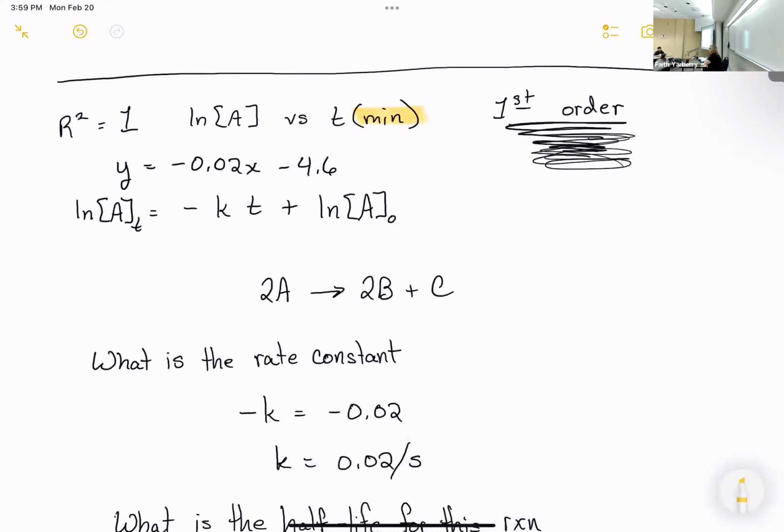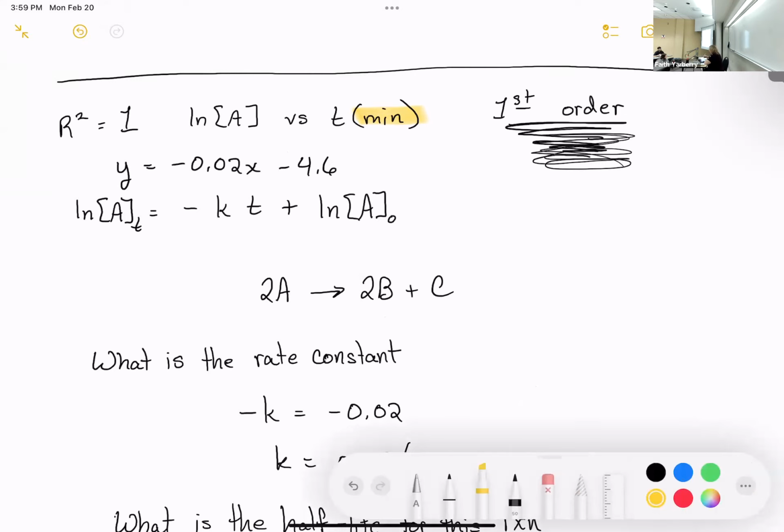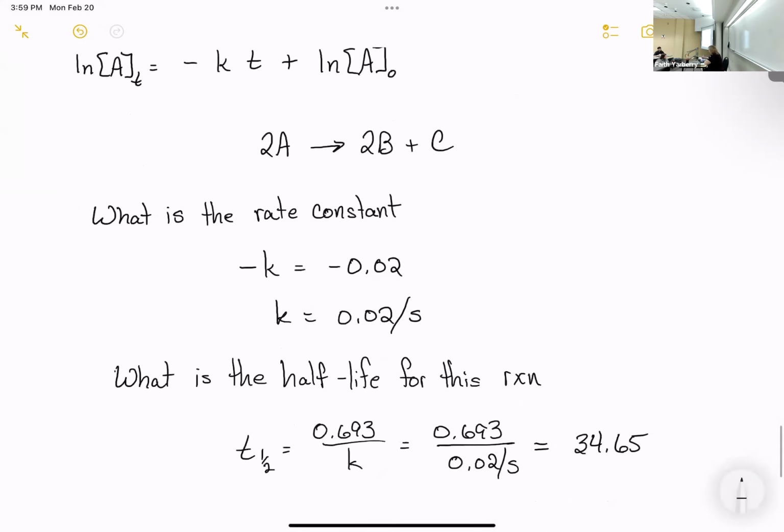That should be, yeah. These are all minutes, not seconds. It shouldn't be per second, it should be per minute, because our time unit was in minutes. Wouldn't it be minutes to the -1 as well?